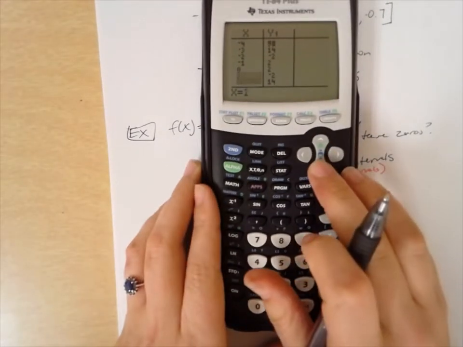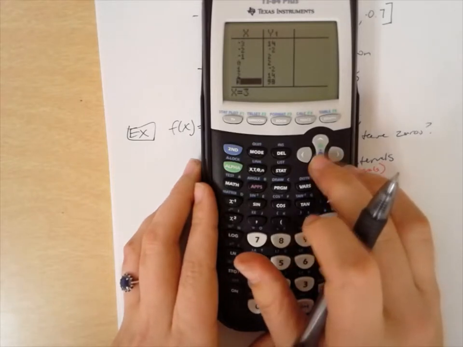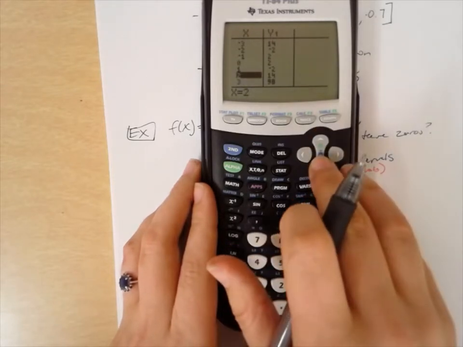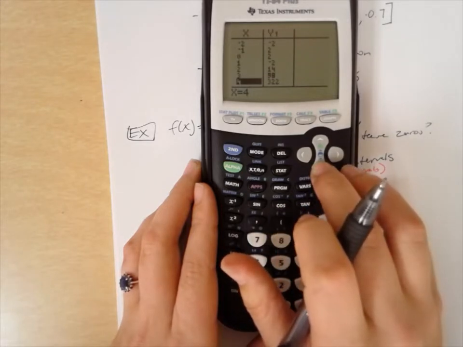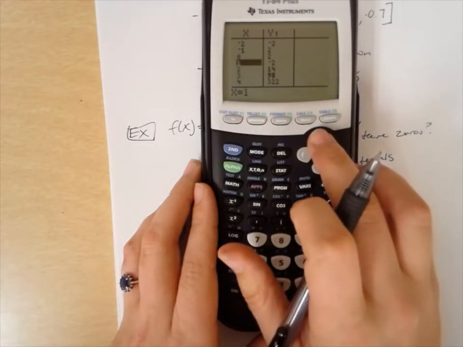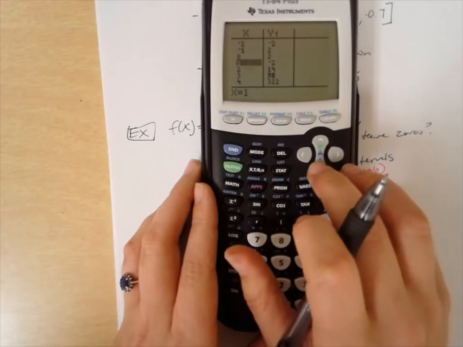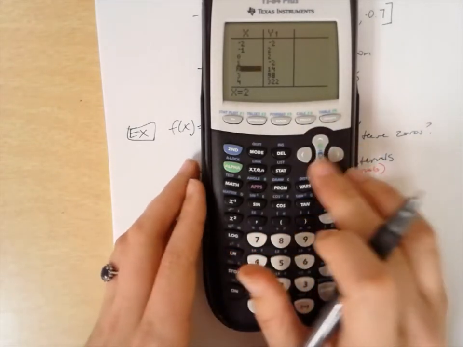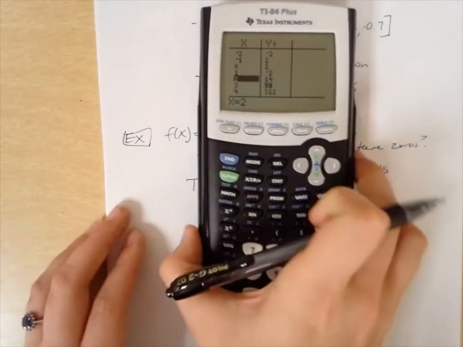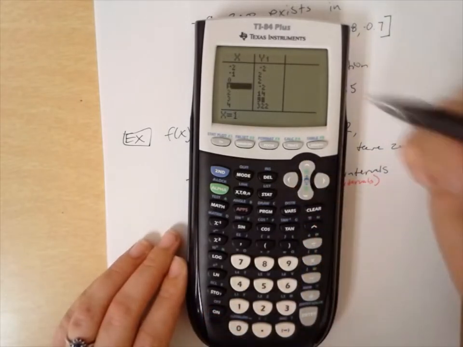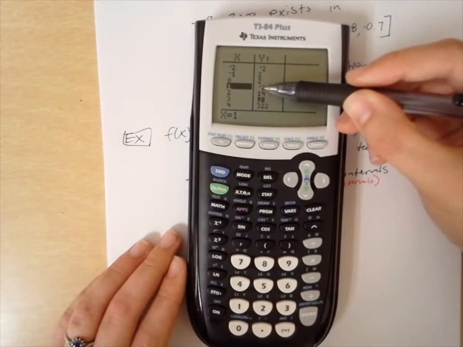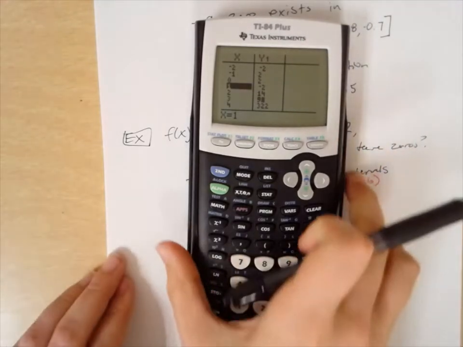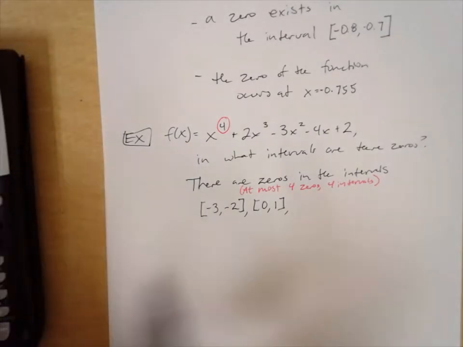If we continue down our table, we can see it went from negative, and then it was +14. So there's definitely a 0 also between 1 and 2.